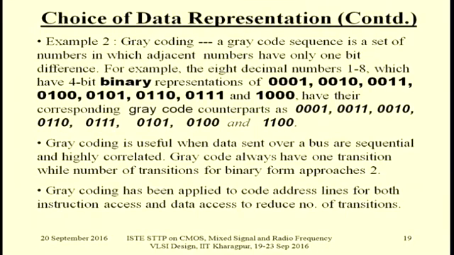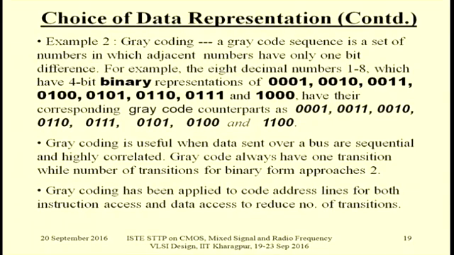So when you have an instruction sequence and the addresses are given by gray code, if the instructions are obtained in a straight line sequence, then the power consumed for address line switching is minimum.